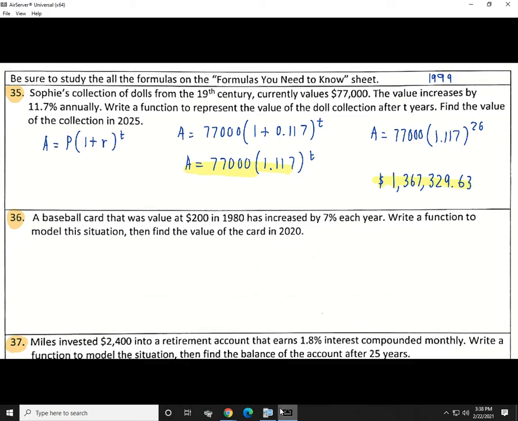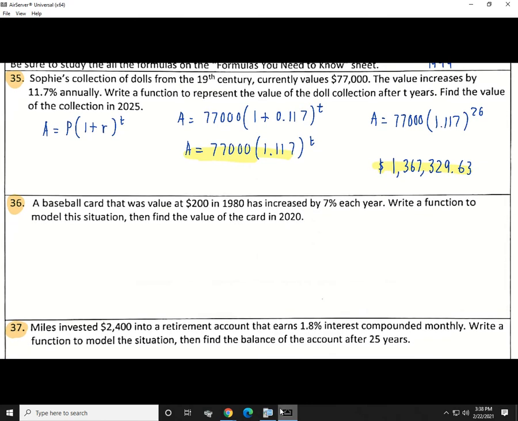Okay? 36. A baseball card was valued at $200 in 1980 and it's increased by 7% each year. Write a function to model this. So this one's very similar to the last one. I mean, extremely similar. It's just appreciation. So it's principal times 1 plus r raised to the t power.